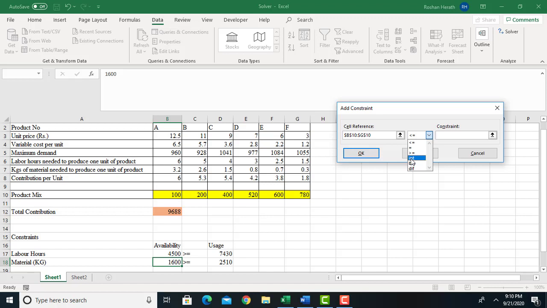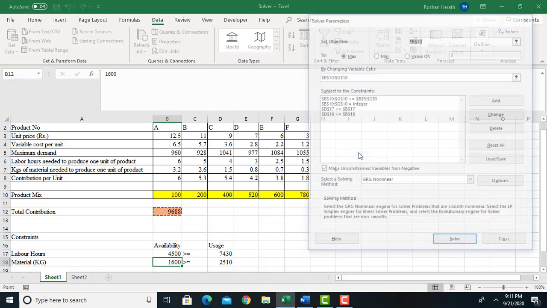So then you get it as completed units. So if you take that, int would stand for integer. So you would take this integer. See, that's it. So then you have ensured that all the product mix that you get consists of completed units.